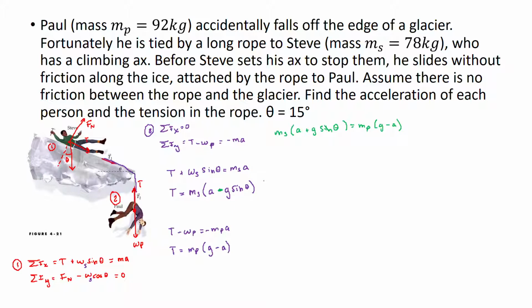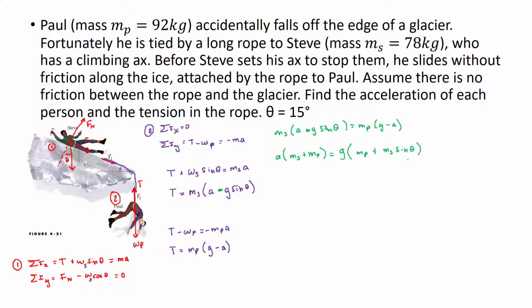So the acceleration times the mass of Steve plus the mass of Paul is gonna be equal to gravity times the mass of Paul plus the mass of Steve sine of theta.